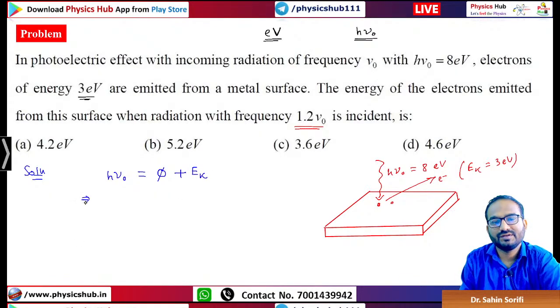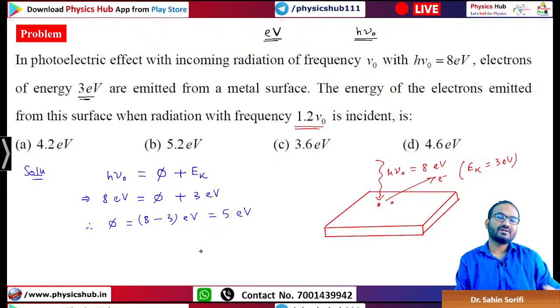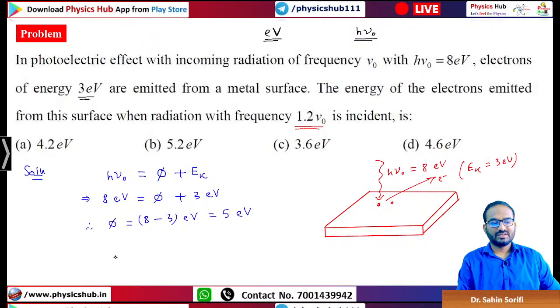So it is given 8 electron volt, phi is not known, Ek is 3 electron volt, right? So from this we can get the value of the work function of the metal, that is 8 minus 3 electron volt, which means 5 electron volt. So 5 electron volt is the work function of the metal.